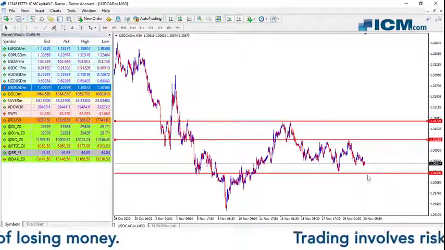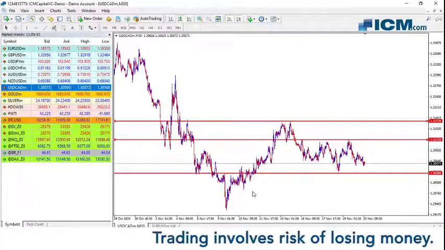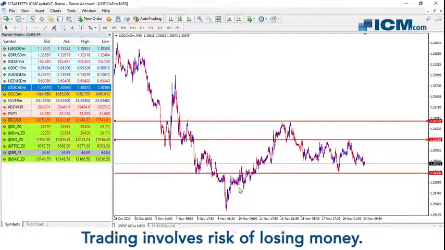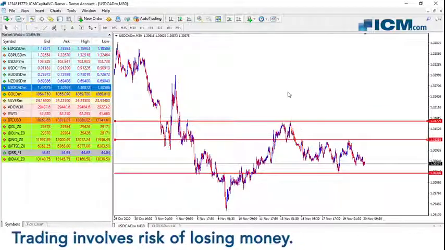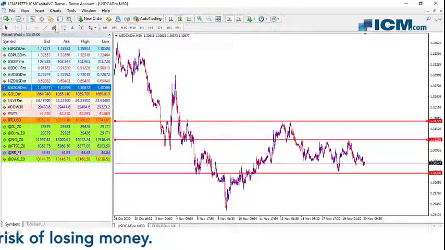This could support the Canadian dollar, and maybe a break below 30.30 could drive us to retest below 30 again, which we haven't tested since almost November 10. So this is just for the dollar against the Canadian dollar.